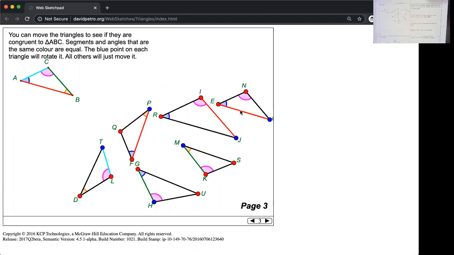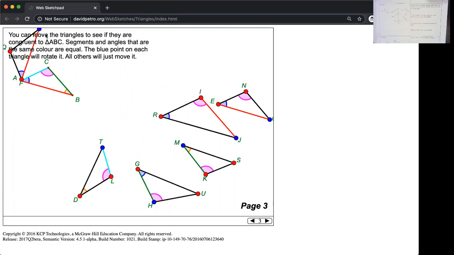So let's start with this triangle right here, FQP. So I'm going to see if I can transform it onto triangle ABC to see if it's congruent. So I know that I'll want this blue angle F to line up with this blue angle A. So I'll click and drag the side so that those 2 points line up.